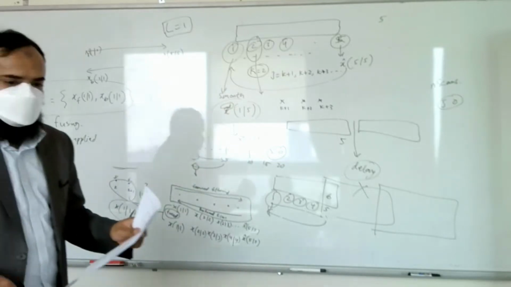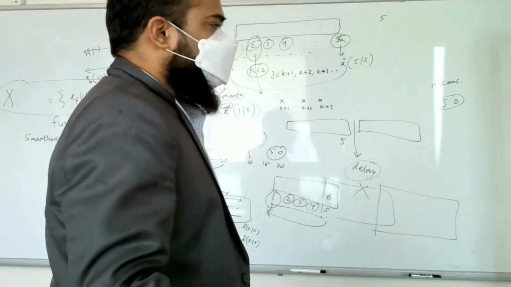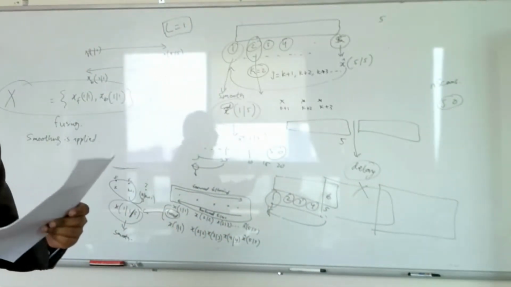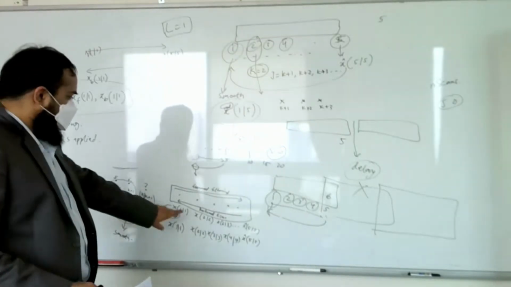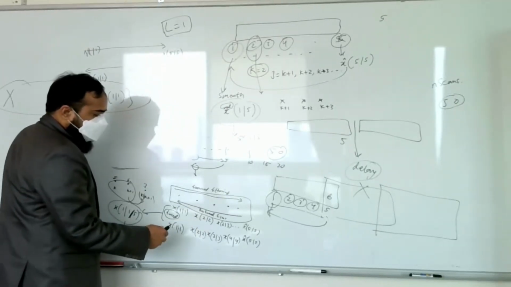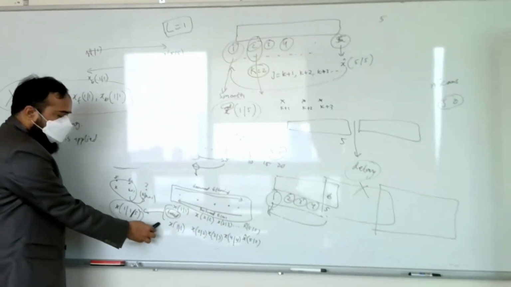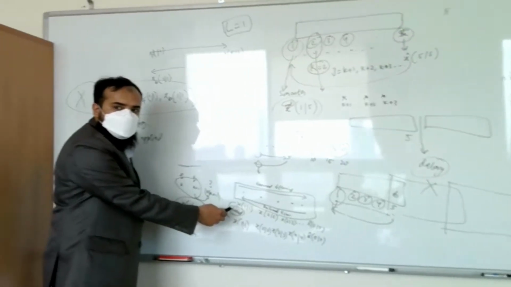So again, you have to note here that this smoothing is relevant to the offline estimation problem, because it gets some delay. When we estimate up to here, then we have to go back here. Then first we will fuse, then we will do smoothing.